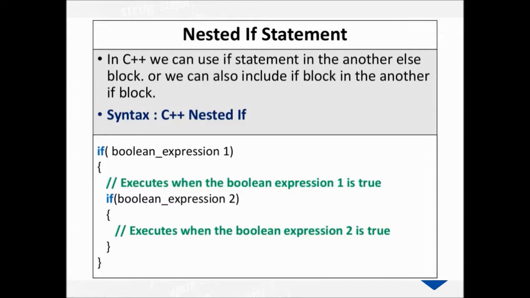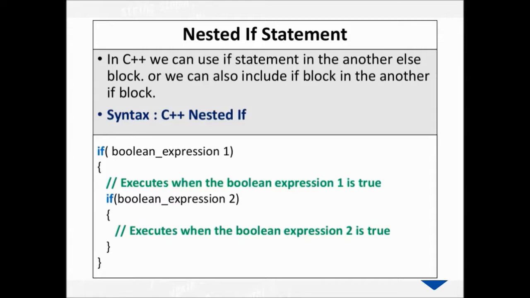So after the simple if statement, we have nested if statements. In C++, we can use an if statement in another else block, or we can also include an if block in another if block. The syntax of C++ nested if is as given.